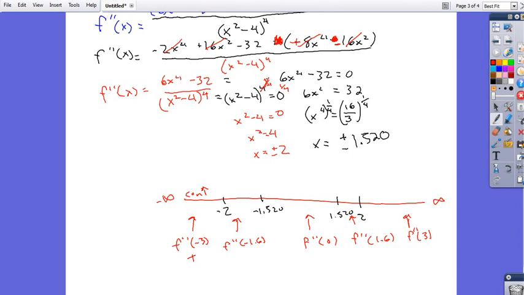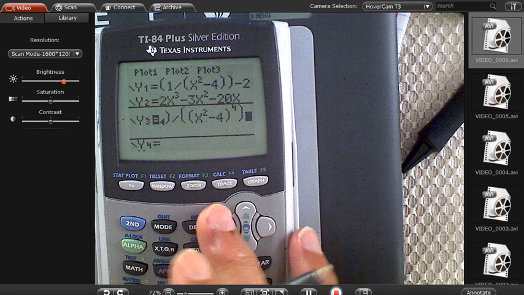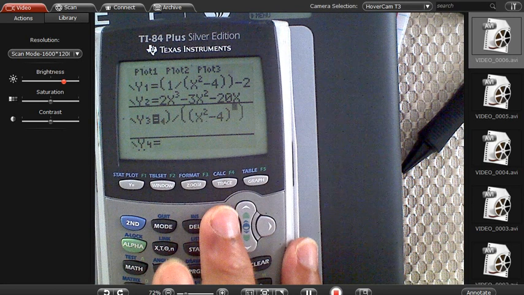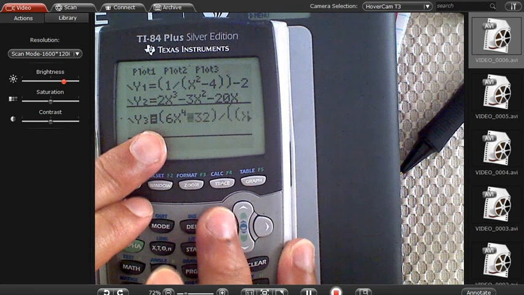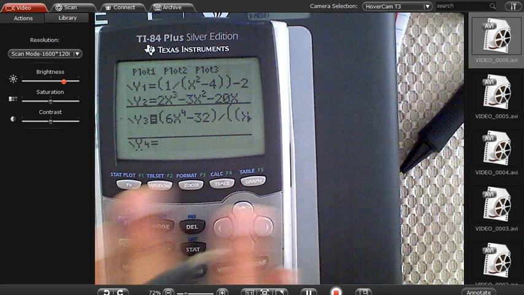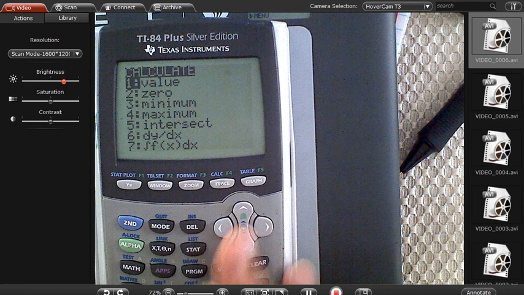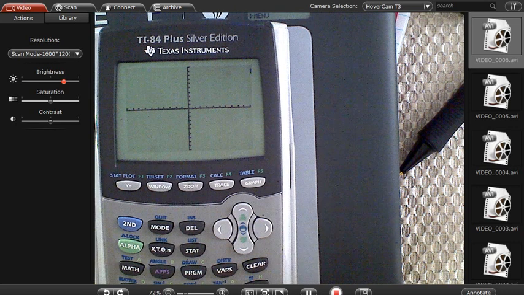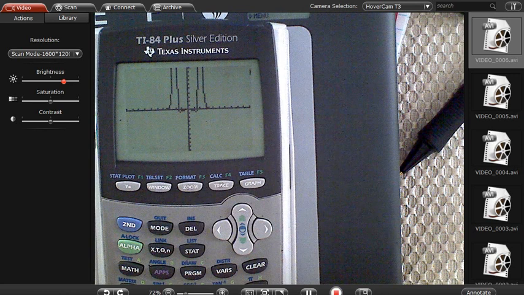And so you see what I got right here. Alright, this is the one that I'm looking at right here, because this is the one that's highlighted. Okay, so I'm looking at that second derivative. Alright, I'm going to go ahead and do second, calculate, value, just to make it easier on myself, okay? So there's my second derivative. It's kind of funky.